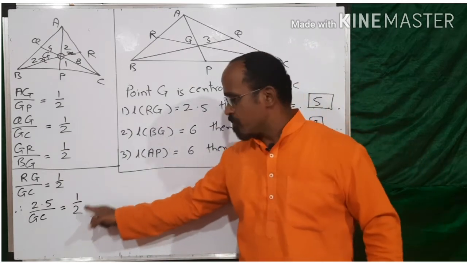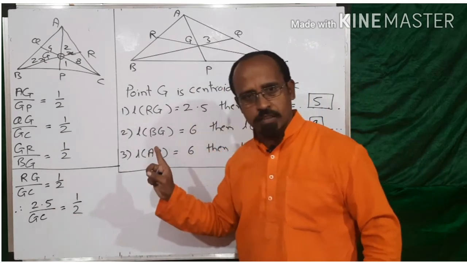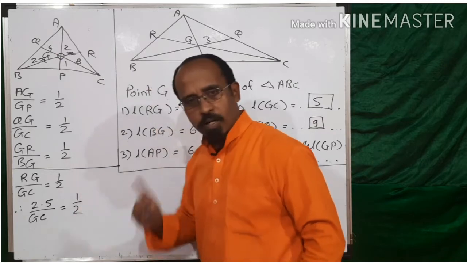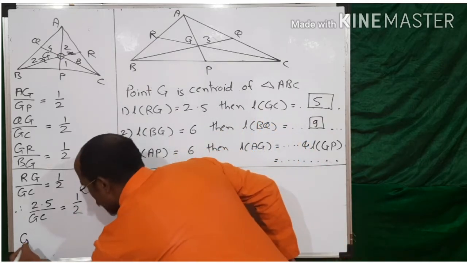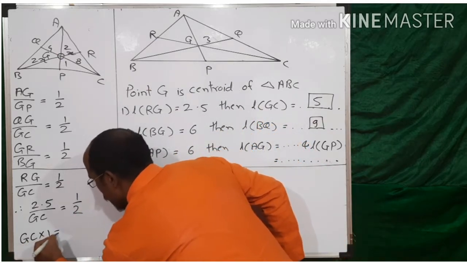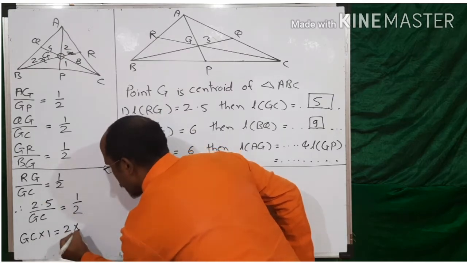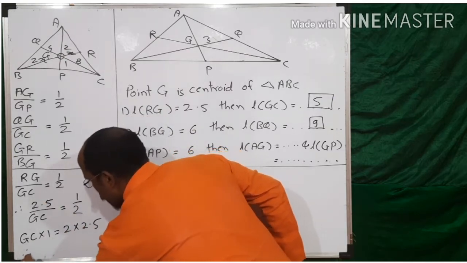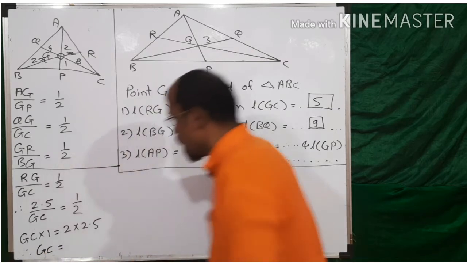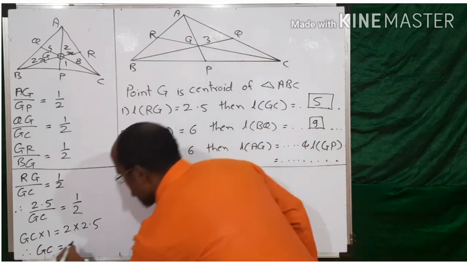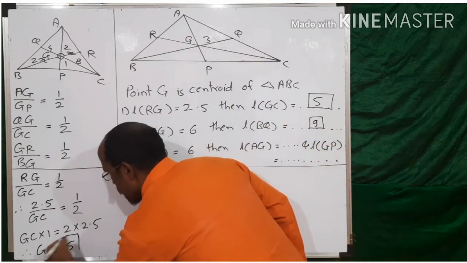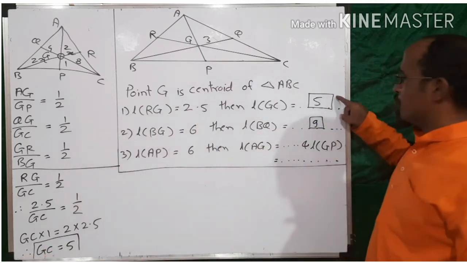As it is a ratio, its cross multiplication is equal. Means GC into 1 will be equals to 2 into 2.5. Therefore, GC into 1 is nothing but GC and 2 into 2.5 is equals to 5. Therefore, GC is equals to 5 centimeter.